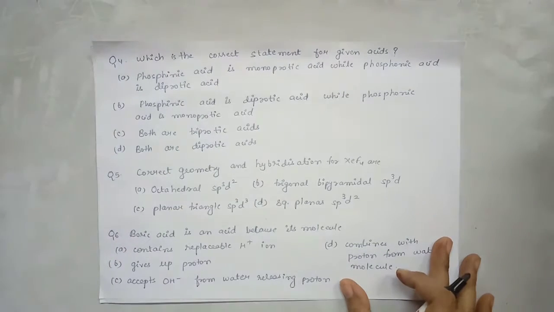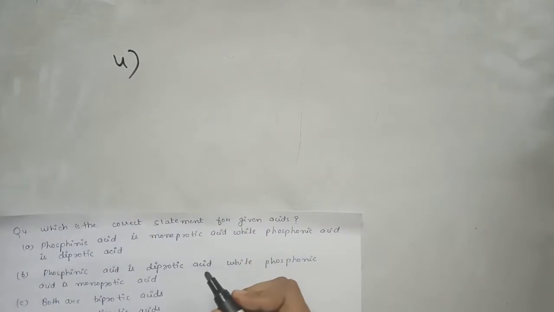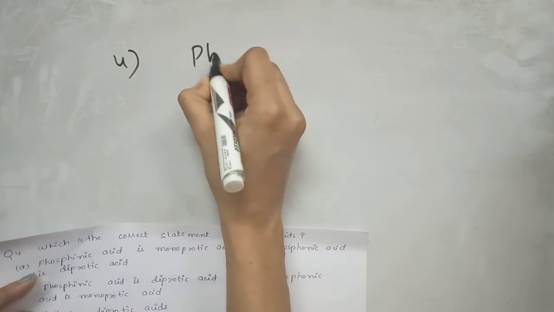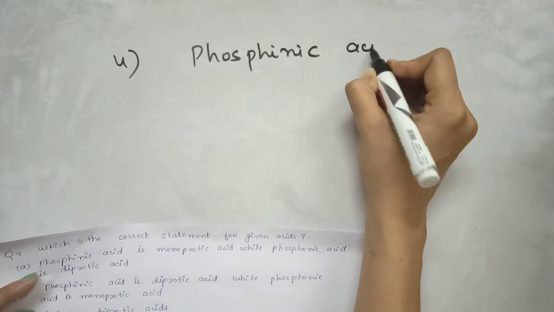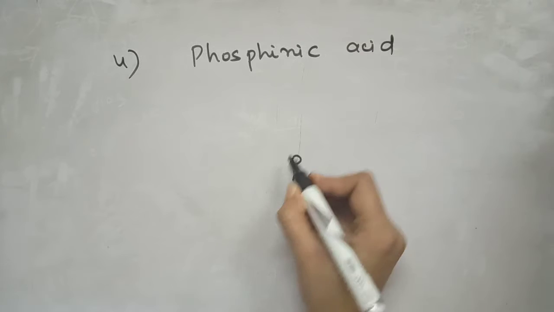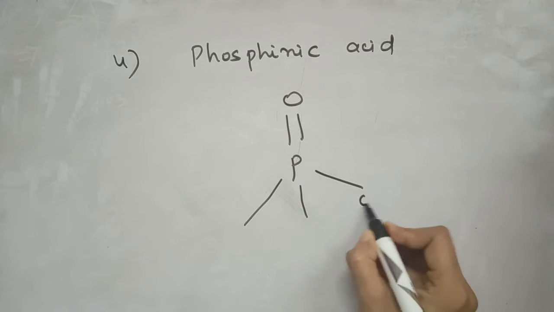So first of all, we need to draw the structure of phosphinic acid and phosphonic acid. So question number 4, I'll first draw for phosphinic acid. So this is the structure. OH.